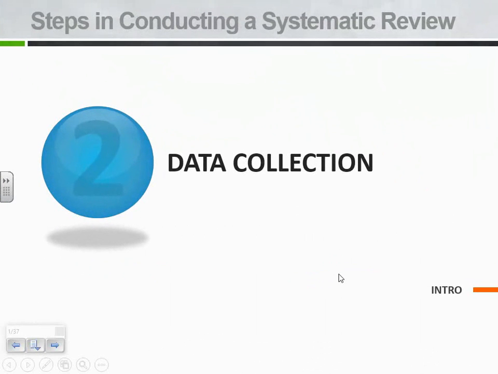Okay, data collection. This is step number 2. At this point, the selection criteria should be set out clearly and should be informed by the review protocol. Your motivation for inclusion or exclusion of studies that you are looking at needs to be recorded at this point in time. Searches should be very extensive.